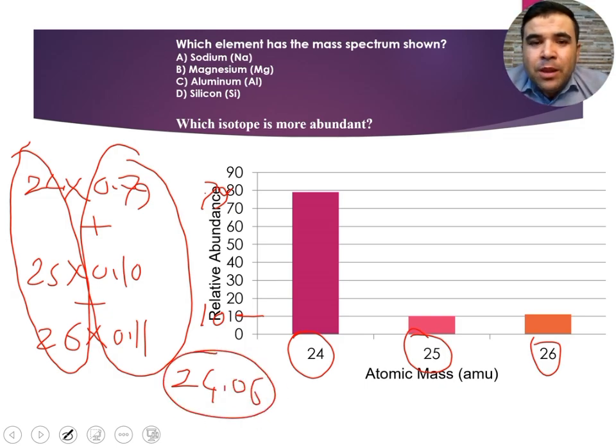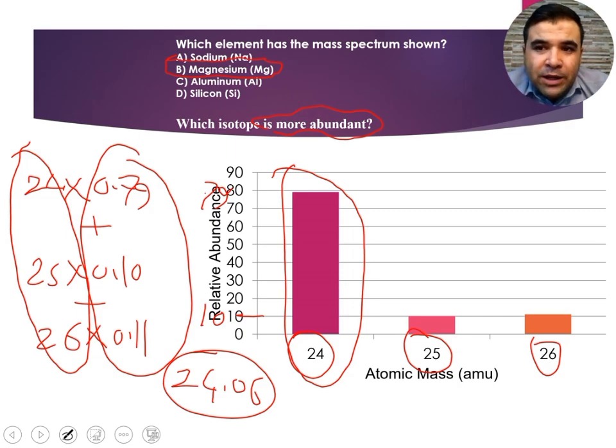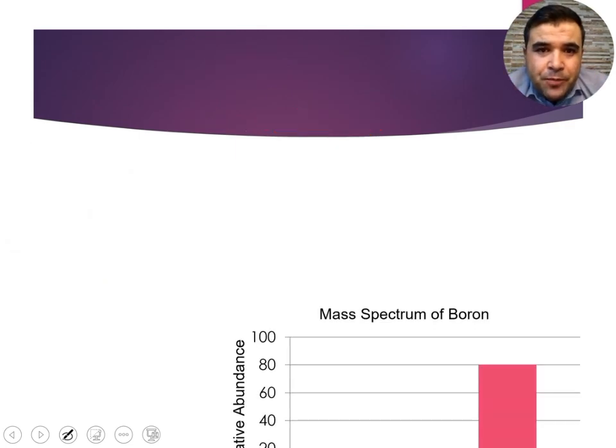If you look at the periodic table, it's close to the average atomic mass of magnesium, which is 24. And which isotope is more abundant? Of course, magnesium 24 is the most abundant, which we can read through the graph.